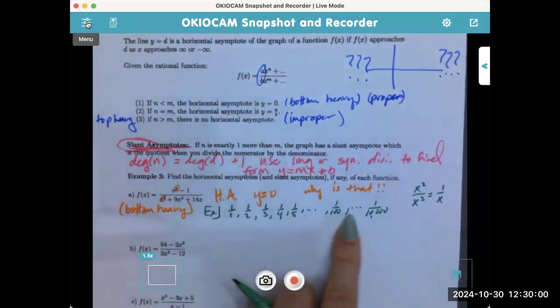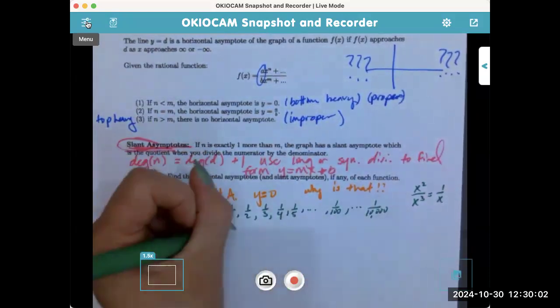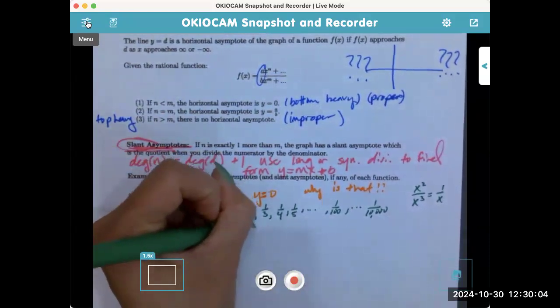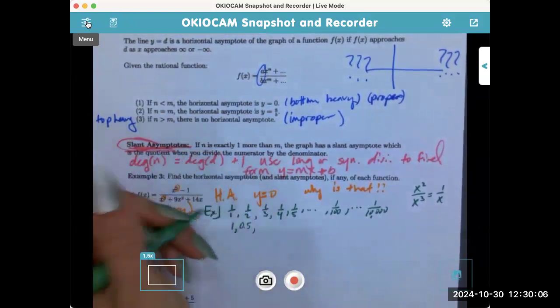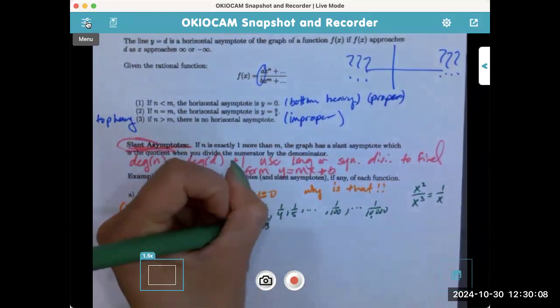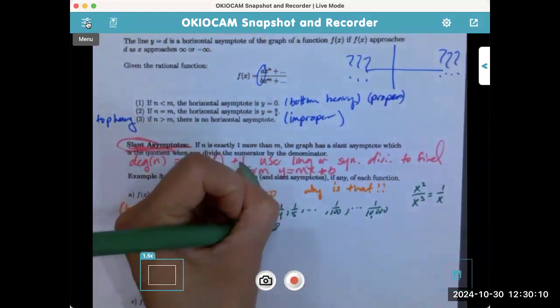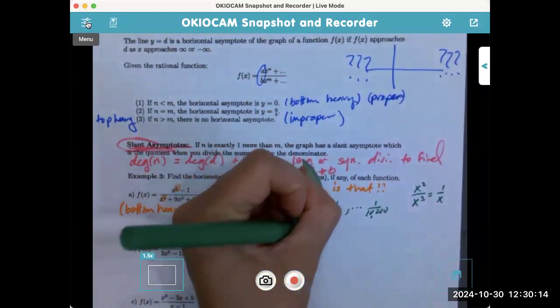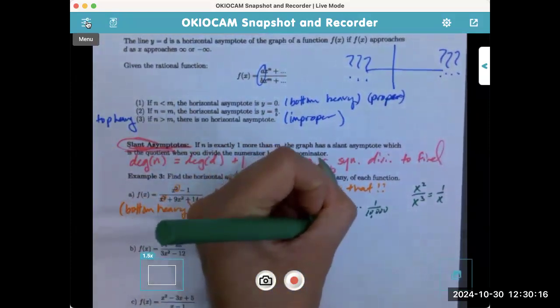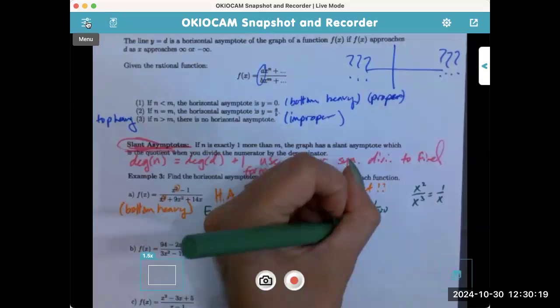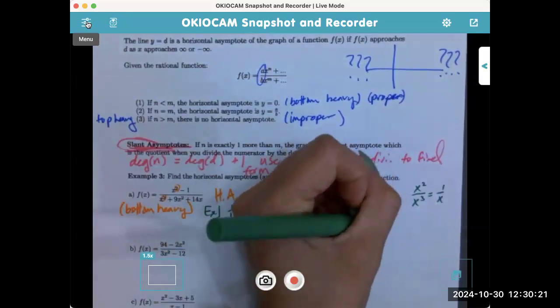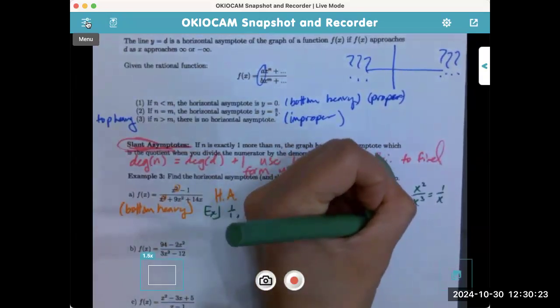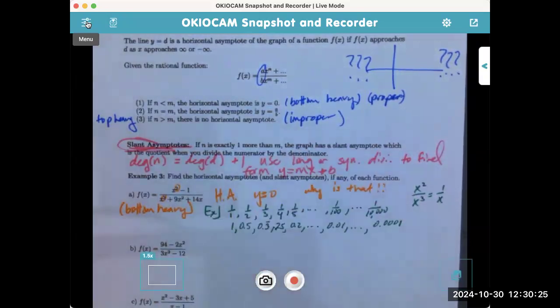Notice as your denominator gets bigger, your overall decimal gets smaller and smaller. I have 1, 0.5, 0.33 repeating, 0.25, 0.2, and then 0.01, and 0.0001. Notice that your decimal is getting closer and closer to 0.